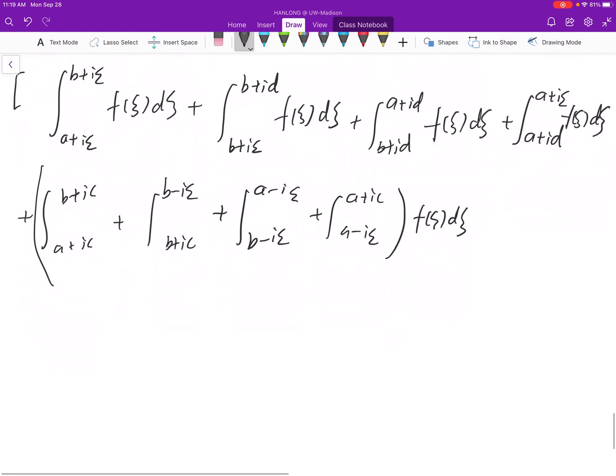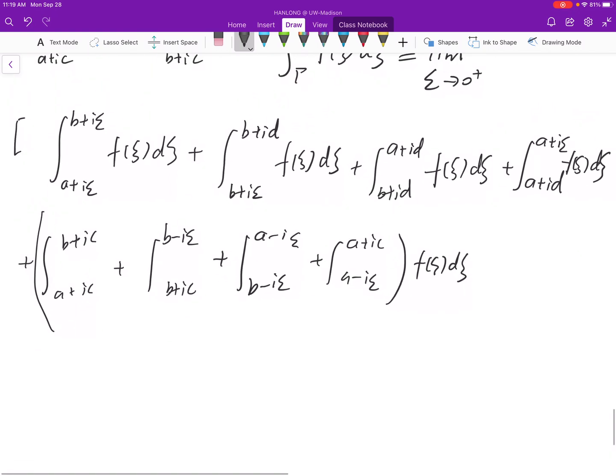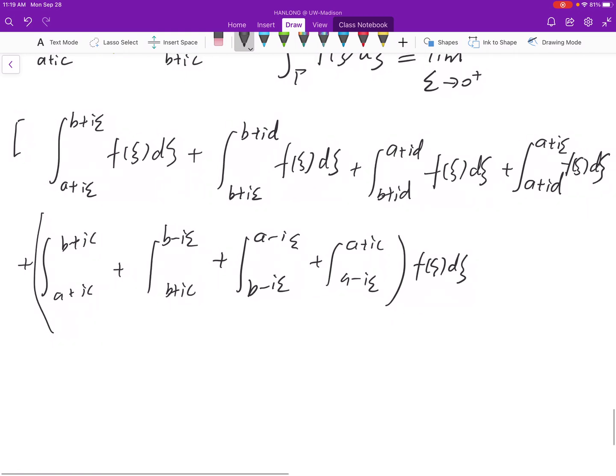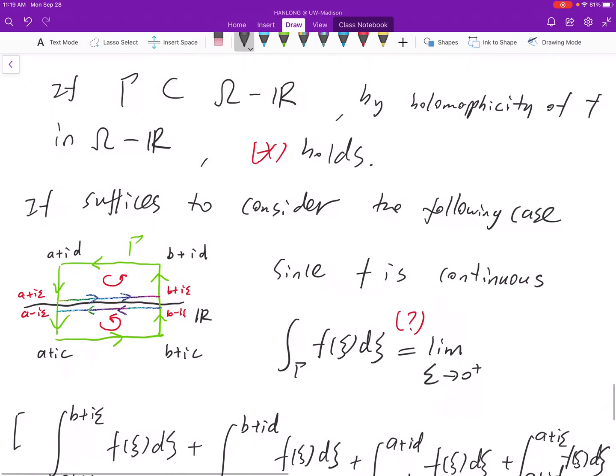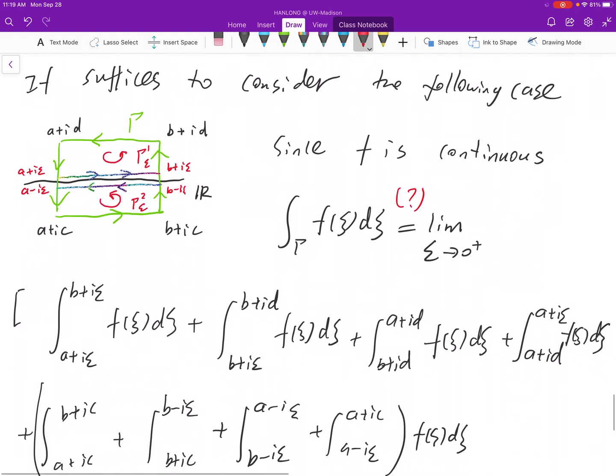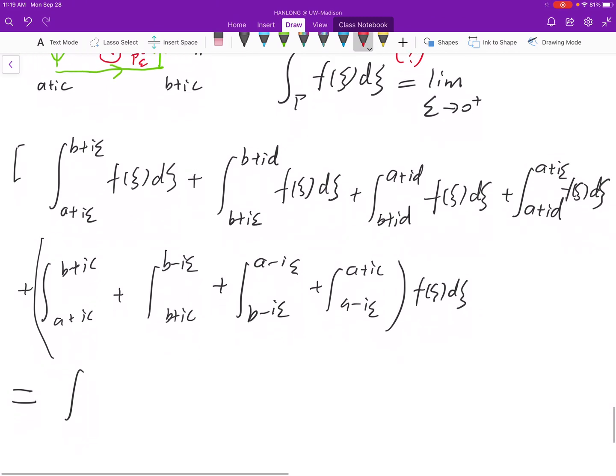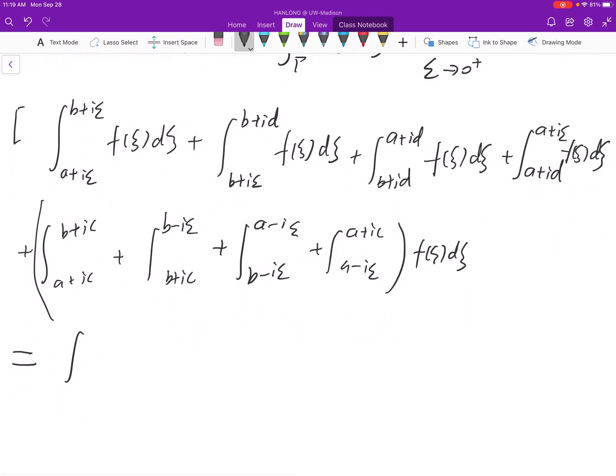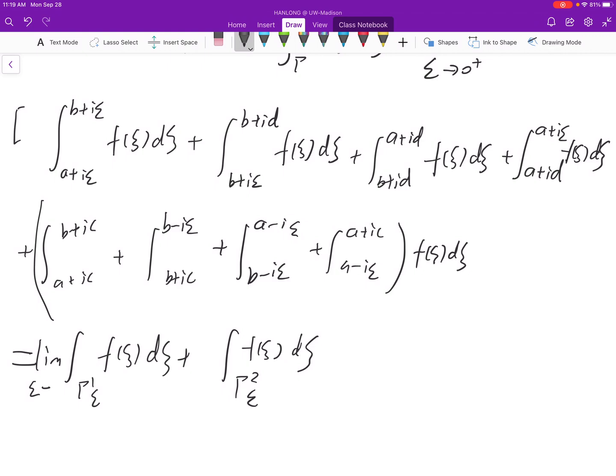Okay, now the first four terms are just the line integral along the loop. Let's call it gamma 1 epsilon. The one below is gamma 2 epsilon. So this is the integration along gamma 1 epsilon of f(z) dz plus gamma 2 epsilon of f(z) dz, and take the limit.